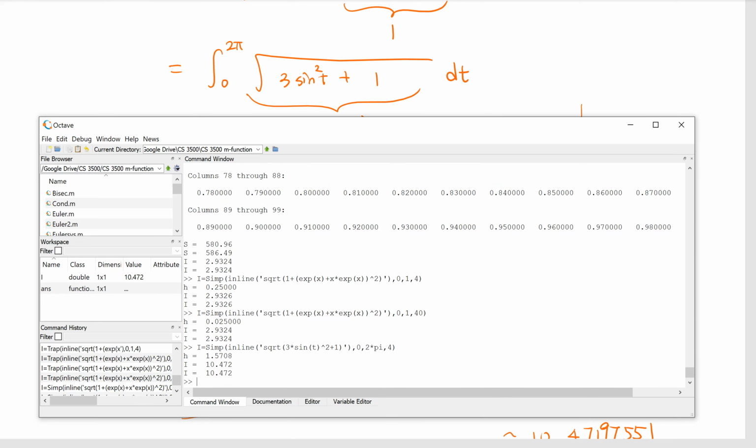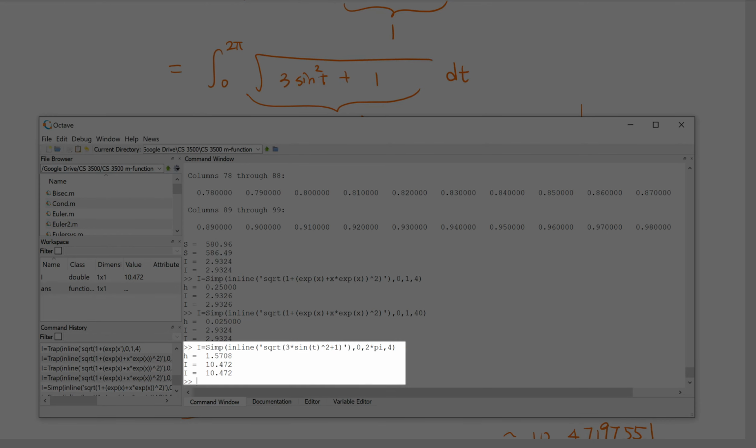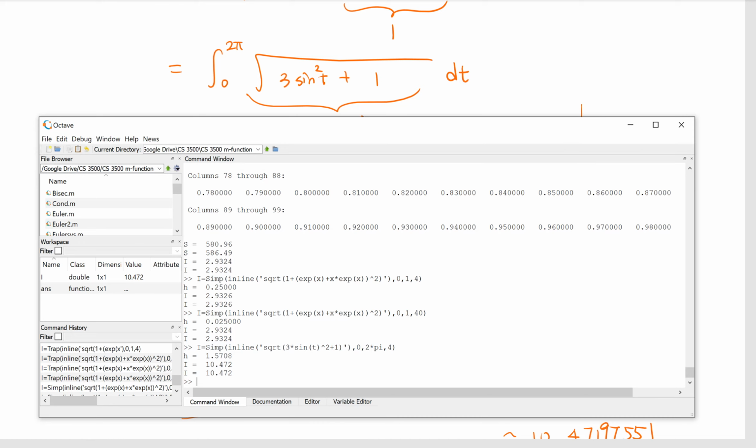Okay. See, the answer is 10.472. Yay! That matched our answer. So far, so good, everybody?